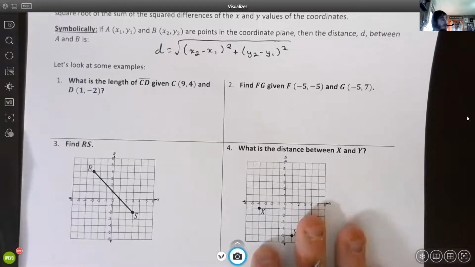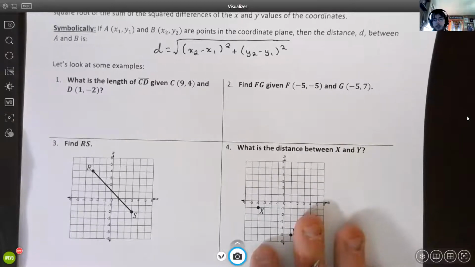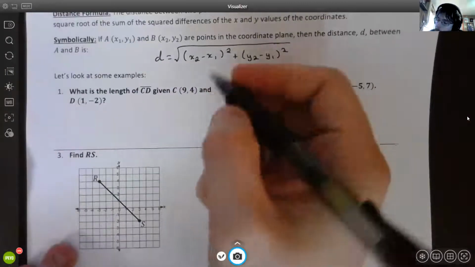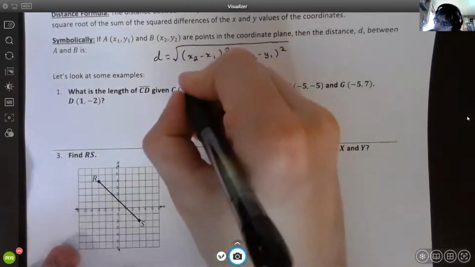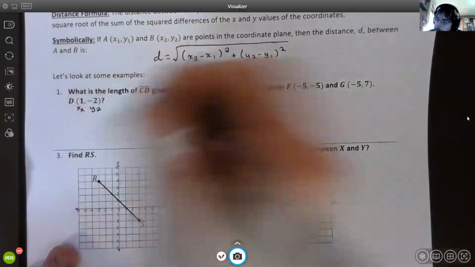So this is just like the midpoint formula where you're going to label your x1, y1, x2, y2. So you've got (9, 4), that'll be our x1 and y1, and D will be x2 and y2.